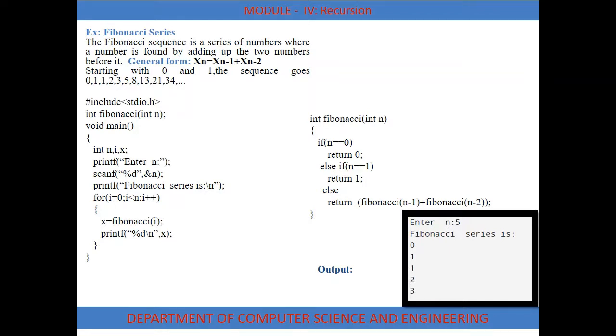Again pass the same values to the function: Fibonacci of 1 is 1, Fibonacci of 0 is 0. So now Fibonacci of 2 is nothing but 1. The second part, that is Fibonacci of 1, we directly get as 1.